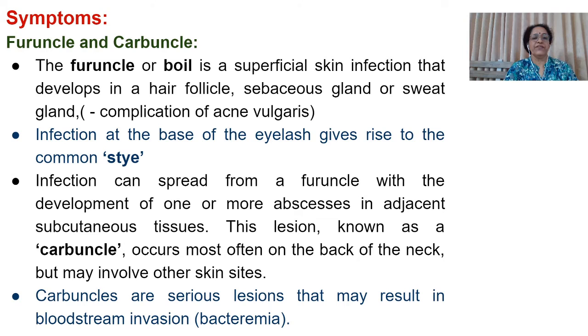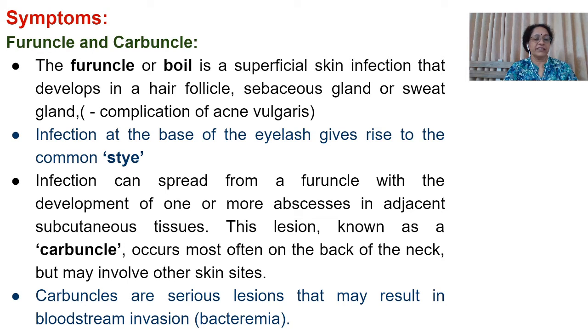Infection can spread from a furuncle with the development of one or more abscesses in adjacent subcutaneous tissues. The lesion is known as a carbuncle. That is, severity now increases. This occurs most often on the back of the neck, but it may involve other skin sites also.